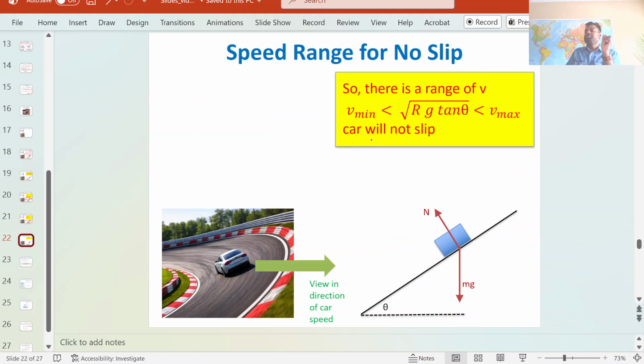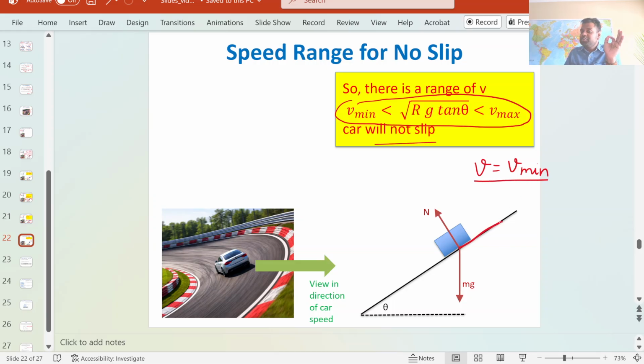So what do we see? There is a range of speed of the car if there is friction on the track: if you drive between this minimum and maximum speed, the car will not slip. At v equal to v minimum, the friction force Fs is mu Sn, the max value upward, because at v minimum the car wants to slide down the slope.